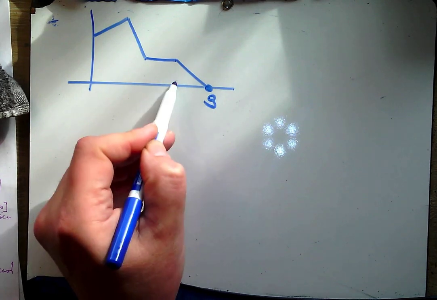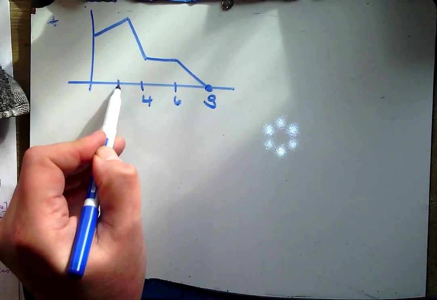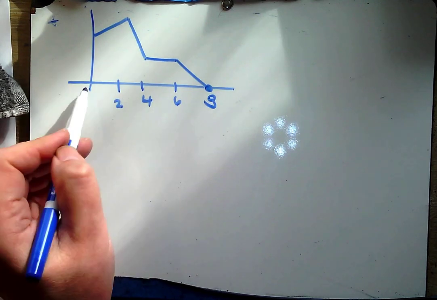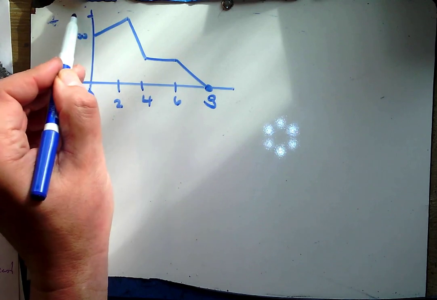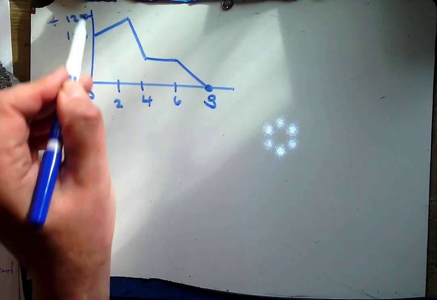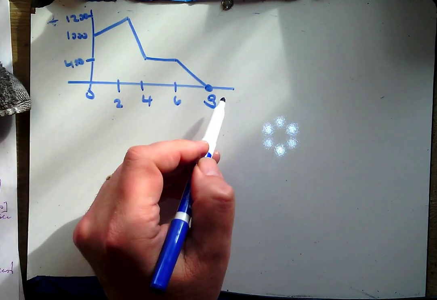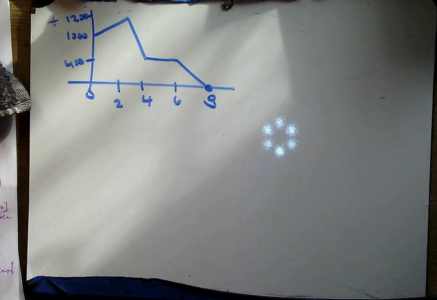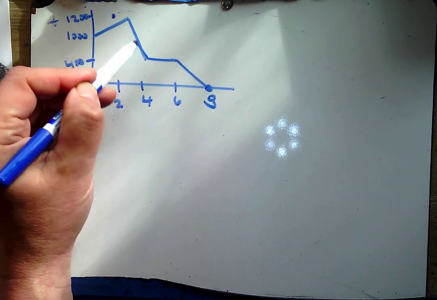This is 8, this is 6, this is 4, this is 2, and that's 0, and this is 1,000. And up here, we've got 1,200. This line occurs at 400. And I think that's all we need right now, except that we need the pointers here.